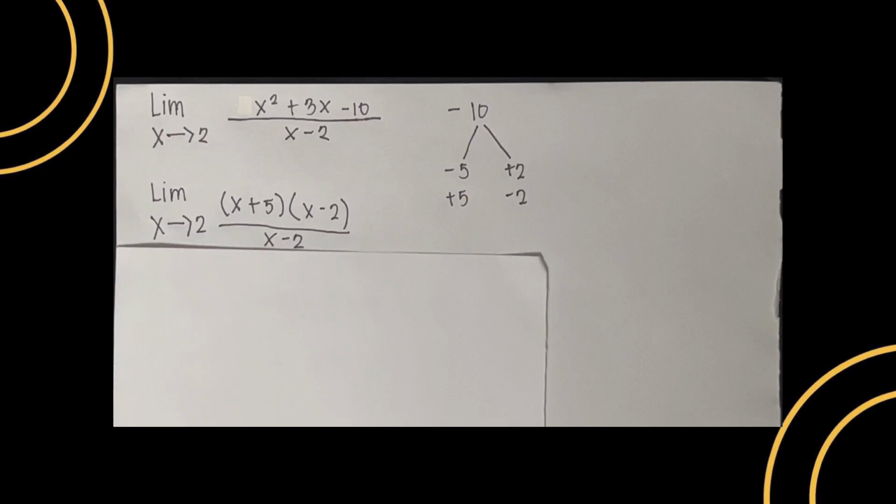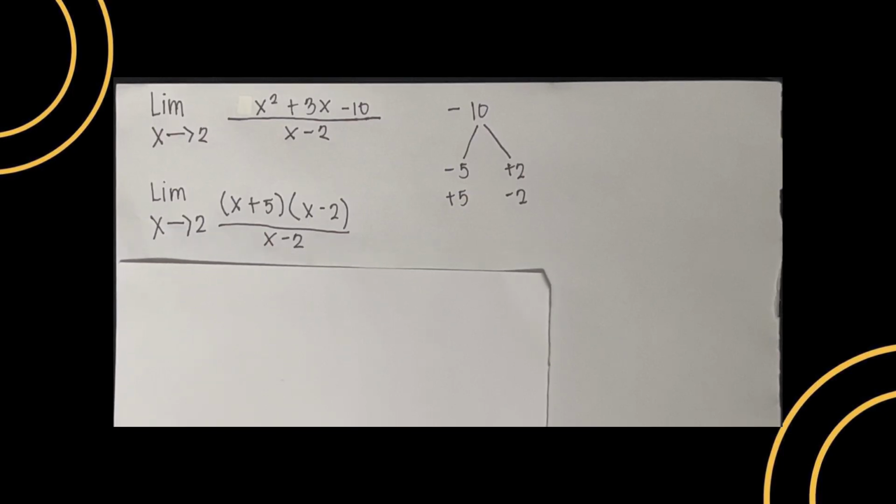We want to make it positive 5 and negative 2 because those two numbers add up to positive 3. So therefore, x squared plus 3x minus 10 can be factored as x plus 5 times x minus 2.